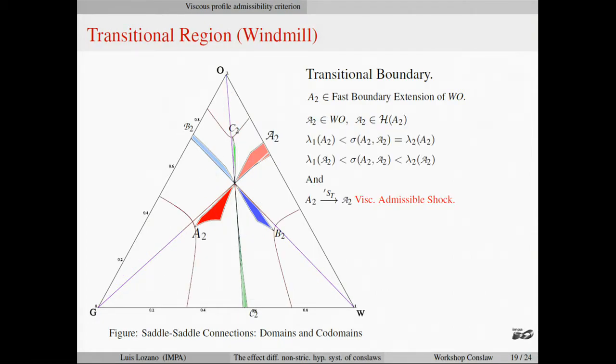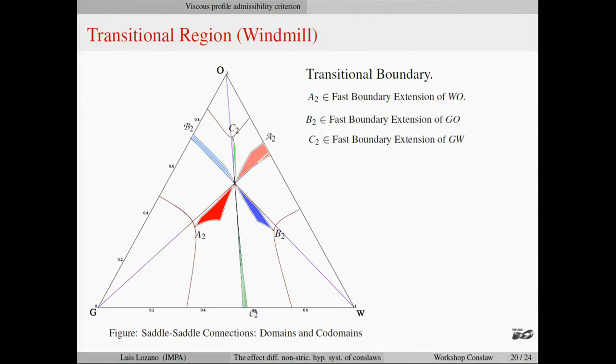What about the other corner? The other corner is a point of the fast boundary extension, for example, and you have a sonic shock between the point A2 and A2 on the boundary, and the same for the other boundaries.